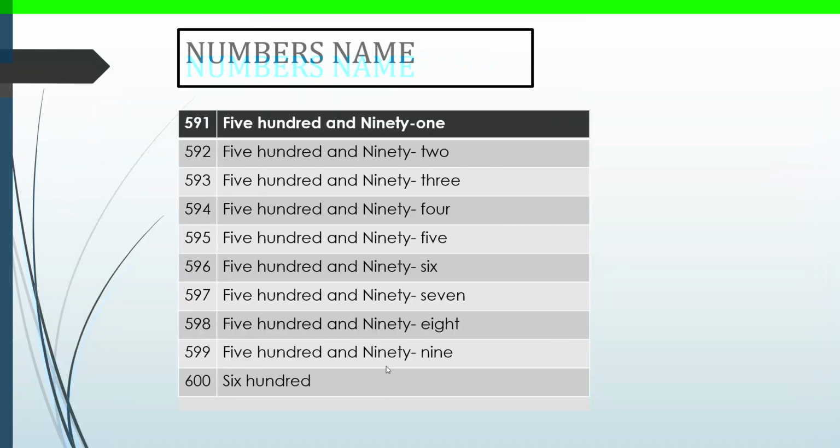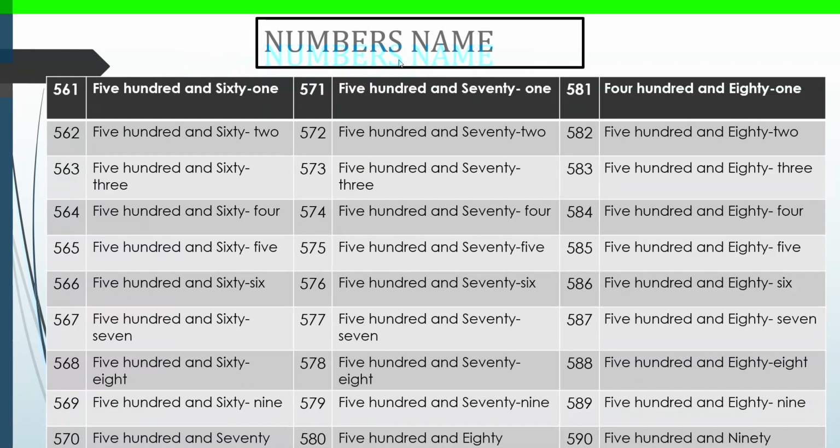Let's start. 571, 572, 573, 574, 575, 576, 577, 578, 579, 580. It's very good, students. You can count the numbers from 571 to 580.